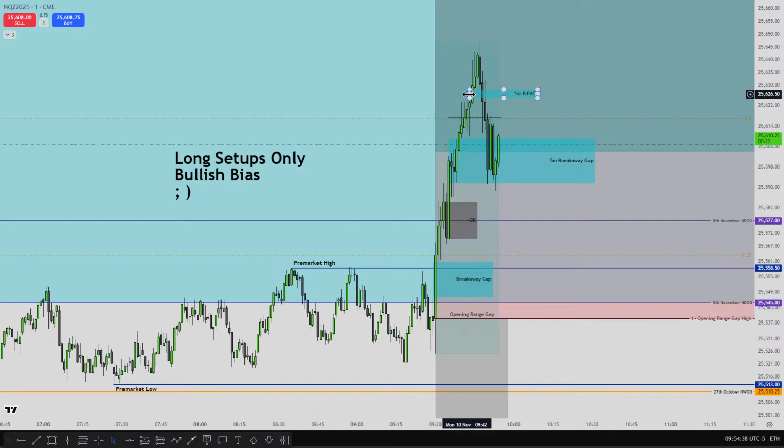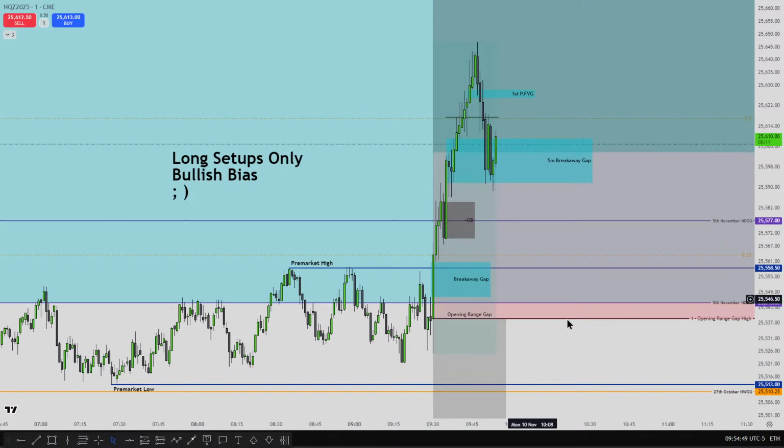Ordinarily, I would not use that as a first presented fair value gap, but because it's the only inefficiency from that opening bell, other than the 9:30 candle, it's hard to use anything else.